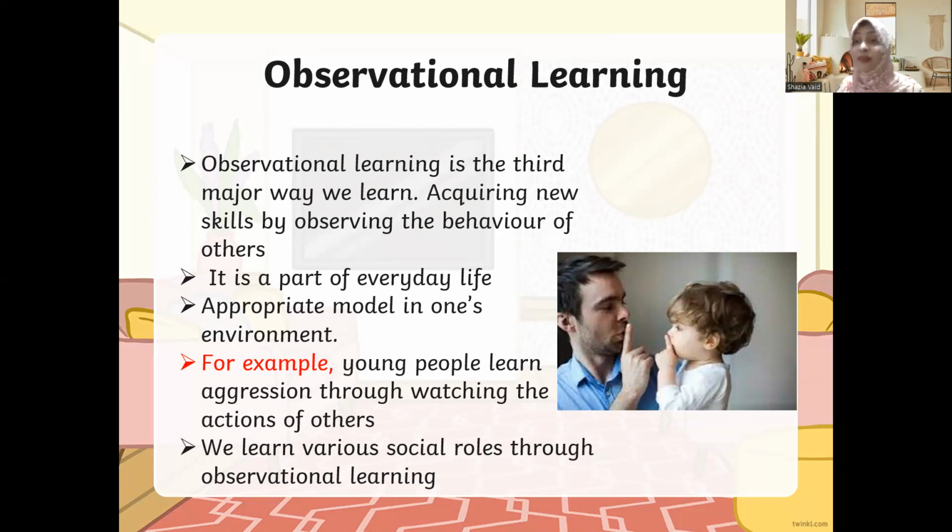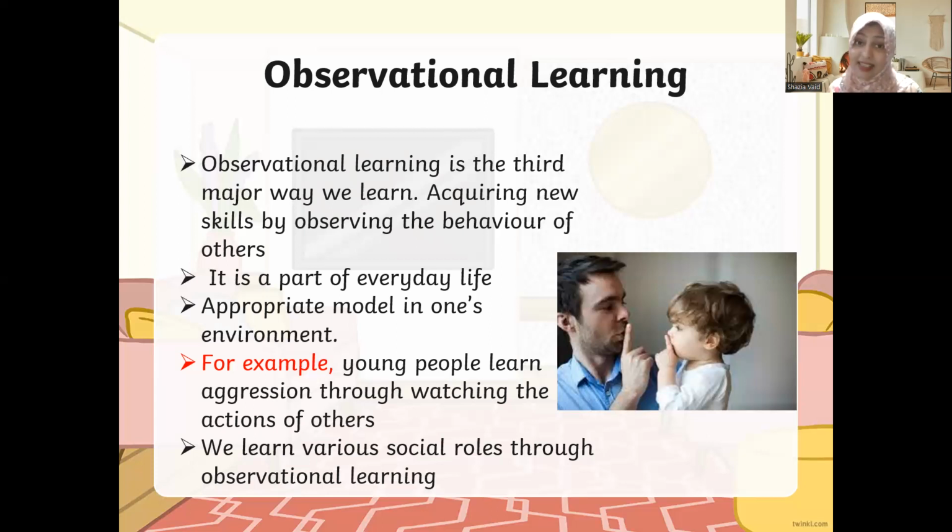When we observe others and learn from them, that is called observational learning, learning through observation. What are the few points to remember? The first one: it is a part of everyday life. Every day we observe something and learn something from others.